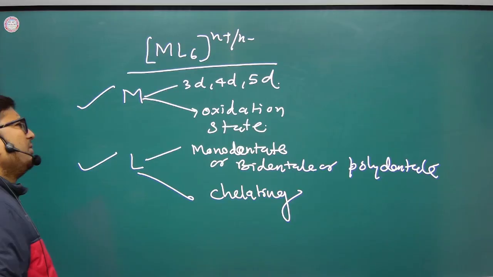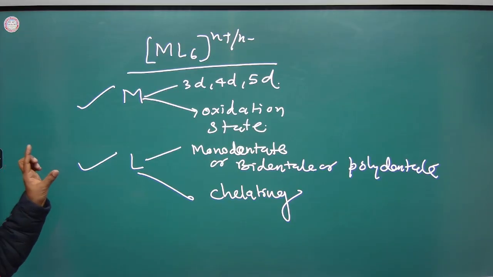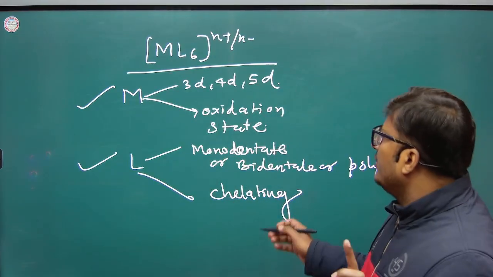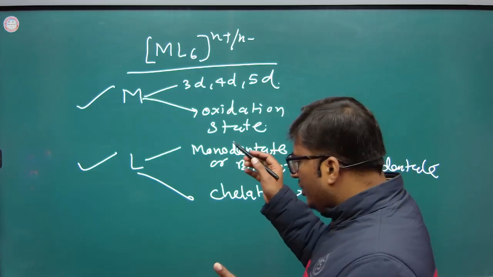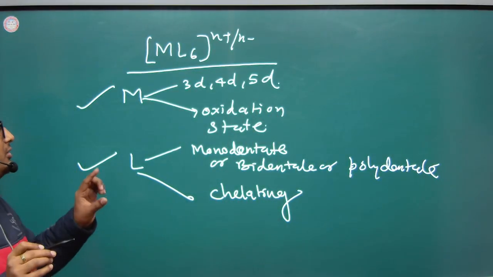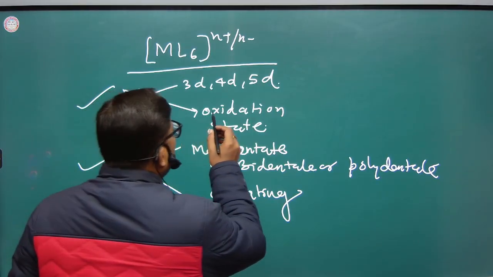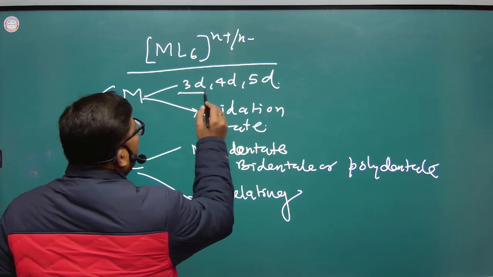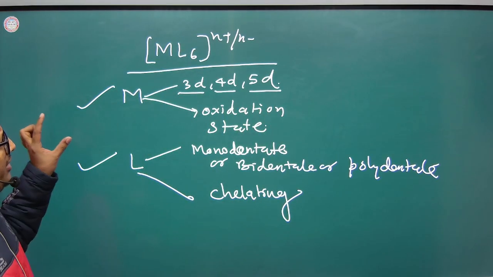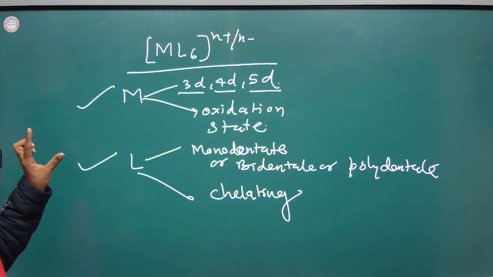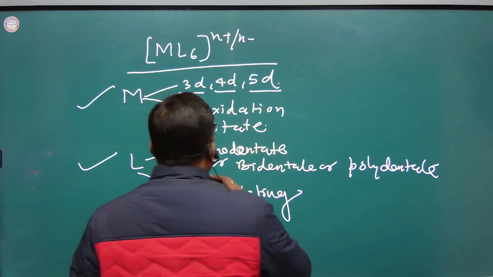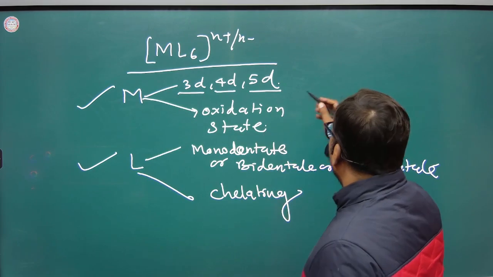So the behavior and characteristics of the complex ion depend solely on the nature of the metal in the coordination sphere. With the variation from 3d to 4d to 5d, different characteristics and properties can be obtained, at a particular oxidation state.